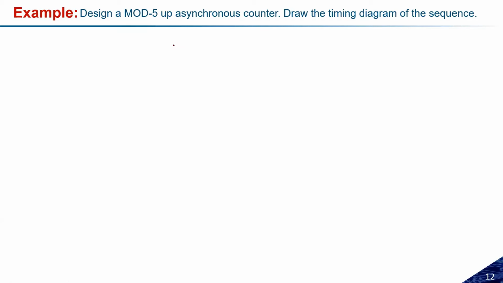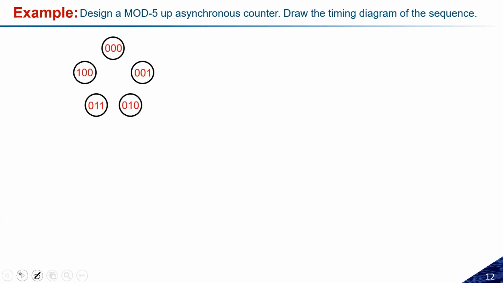What is the first step? The first step is to check the different sequences which are possible. The total sequence here is 0 0 0 to 1 0 0. Initially it will start from 0 0 0, then move to 0 0 1, 0 1 0, 0 1 1, and 1 0 0.